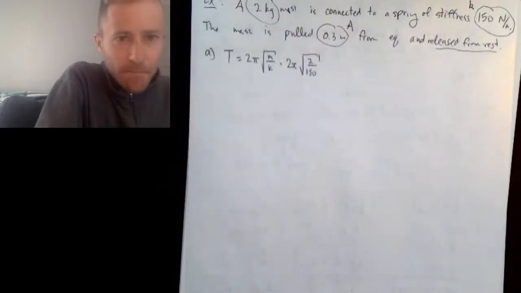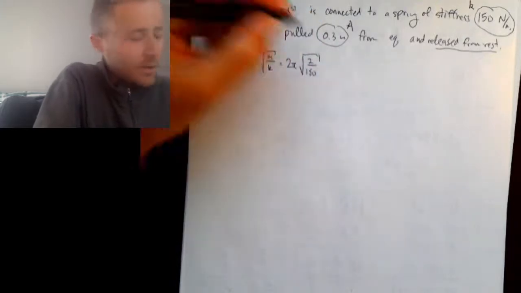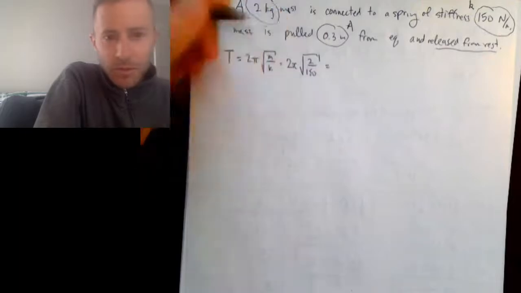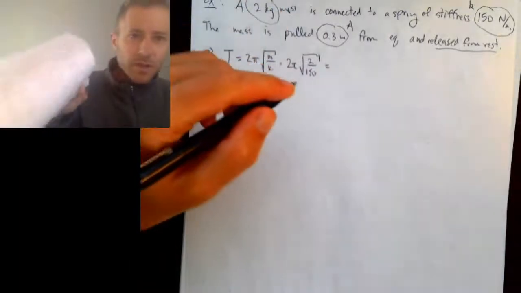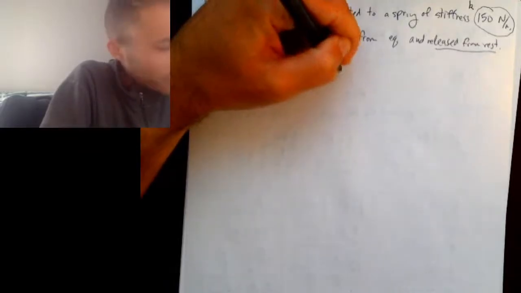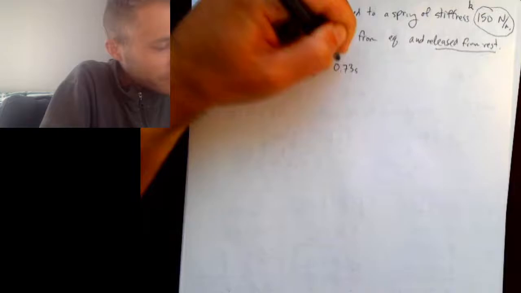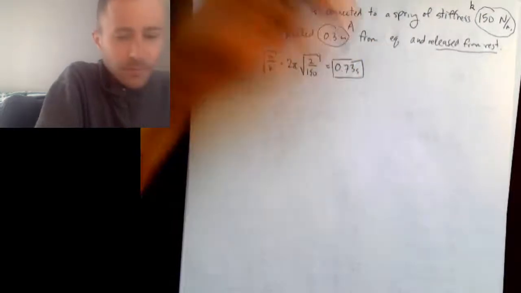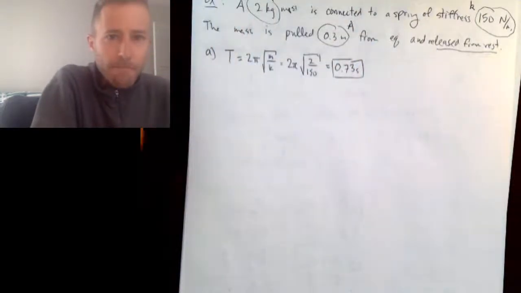Plug it into your calculator. I'm just reading the examples off the last class period, so I'm not going to do that. I already know that the answer is 0.73 seconds.